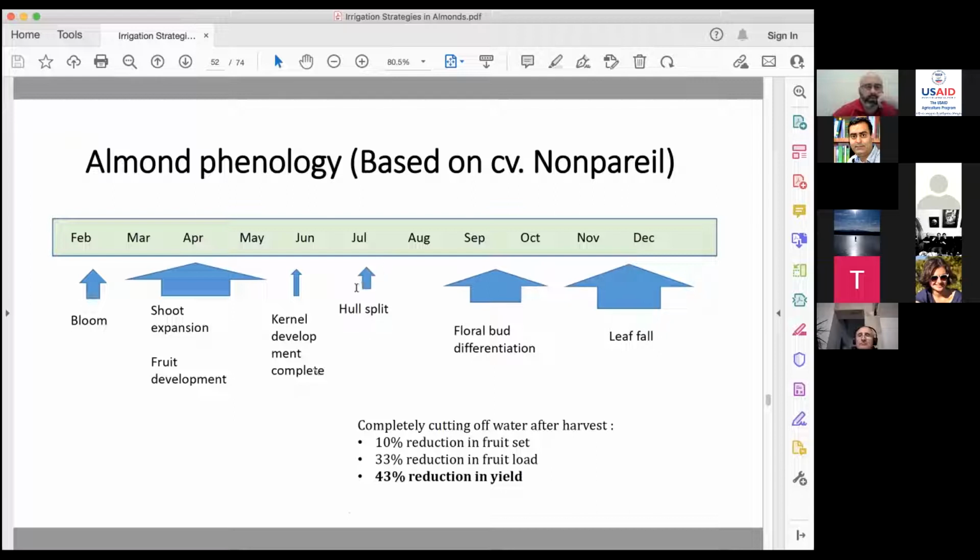So that phase is followed by hull split. Hull split is a critical stage in almonds that indicates the process of maturity for the almond nuts.